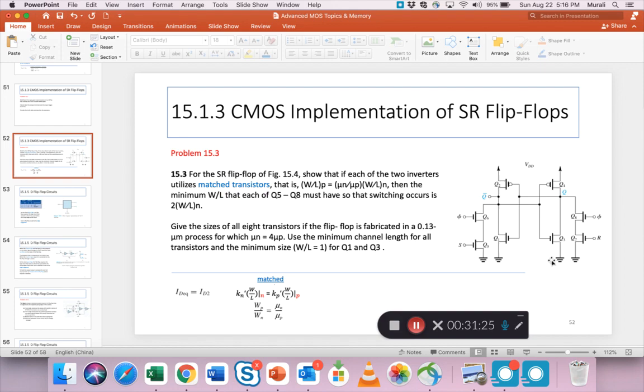so that switching occurs, is 2 times W by L N. Okay?